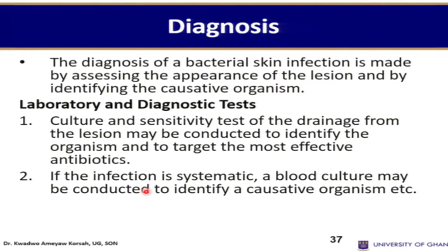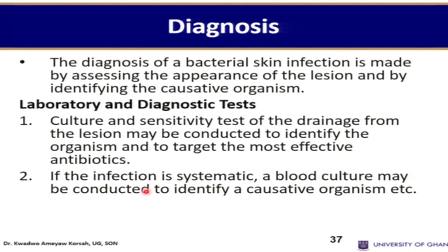Diagnosis of bacterial skin infections is made by assessing the appearance of the lesion and by identifying the causative organism. So it is very important that in some cases we take a specimen of pus or a specimen from the affected area, and send it to the lab for investigation to be able to identify a specific organism in order to treat.